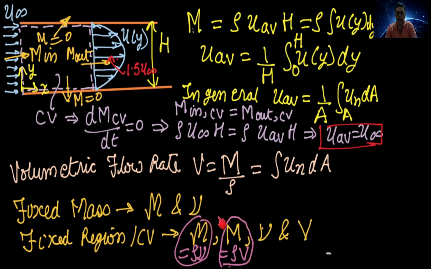Note that I am using two types of capital M and two types of capital V. This I am calling curly M, this curly V or curved V, this straight M, and this straight V. This is the mass flow rate, this is the volumetric flow rate, this is mass, and this is volume. The relationship between mass and volume is that they are related by density. Similarly, mass flow rate and volumetric flow rate are related by density.